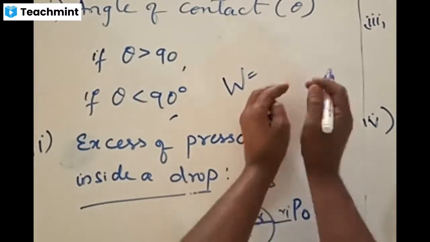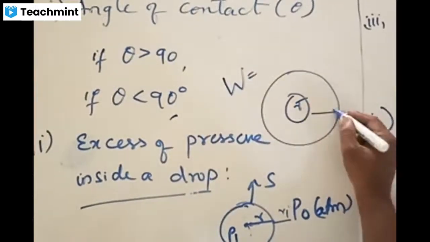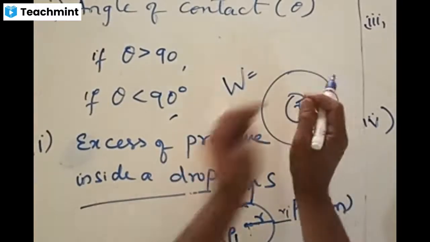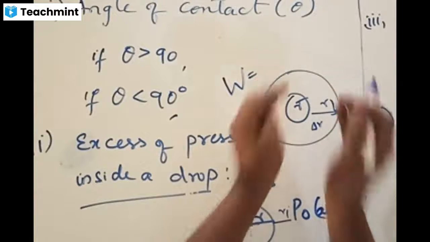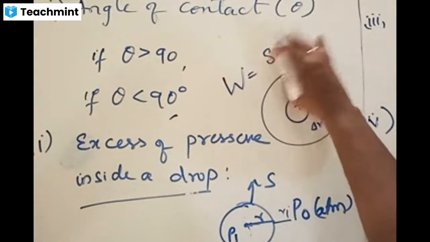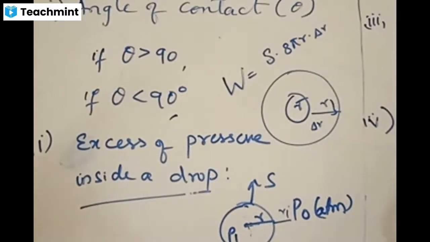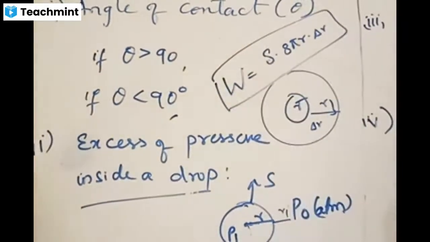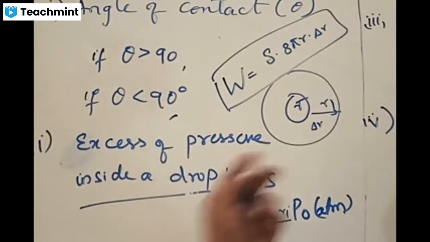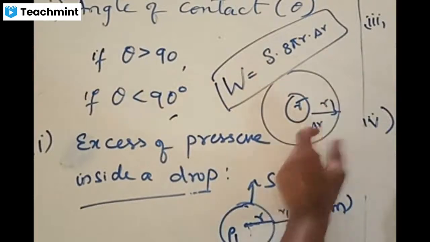This is the drop we have, of radius R. To increase this radius R to a new radius R1, the change of radius is delta R. How much work is done is given by surface tension S multiplied by 8 pi R times delta R. This is the formula for the amount of work to be done to expand a drop from radius R, with the radius changing by delta R. From R it should go to R1, meaning the change of radius is delta R, that difference.